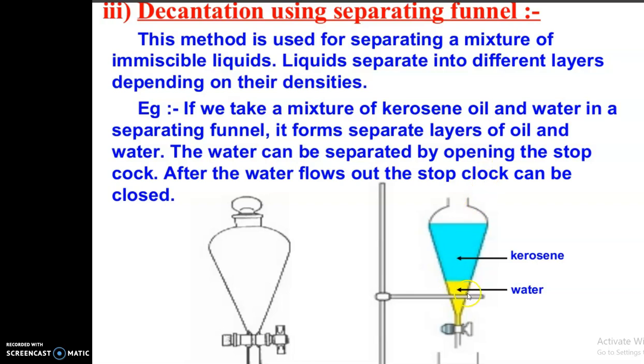So after adding this, based on the density, less dense and more dense, it will form layers. So we can easily separate it by opening this. We can open here and collect the first one from the second one. This is the stop cork. We can open the cork and collect the liquids separately.